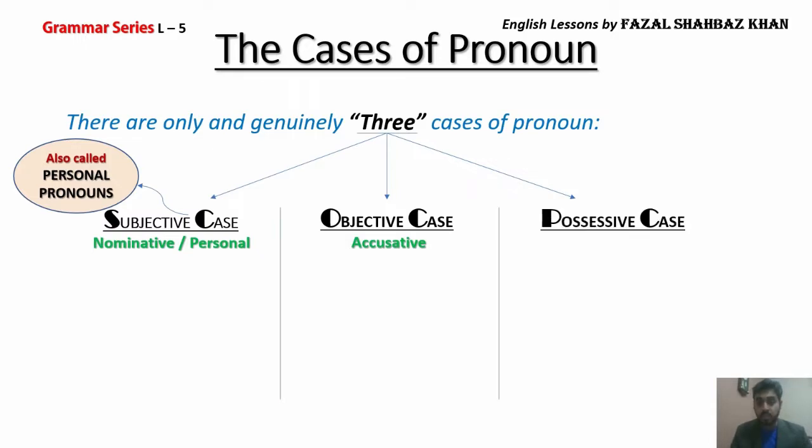And last but not the least is possessive case, where we find such elements that are even called possessive pronouns. There are types of pronouns, which I'm going to discuss in a separate lecture, inshallah. But these two are certainly types of pronoun as well: personal pronouns and possessive pronouns. But only three cases. We are talking about cases here: subjective, objective, and possessive.